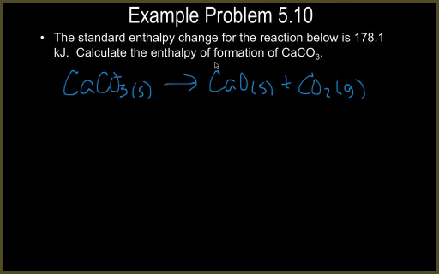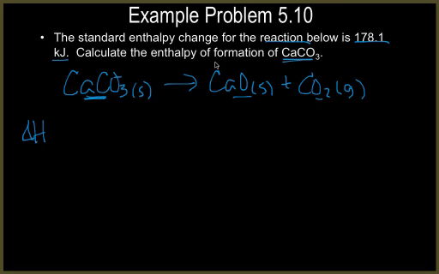So what they tell us is the overall for the whole reaction. We want to know what is the enthalpy of formation for this value here. So if this was given as a problem, you wouldn't be given that table, so you wouldn't have access to that value, but you would be given the other two. So let's write out our overall reaction here.